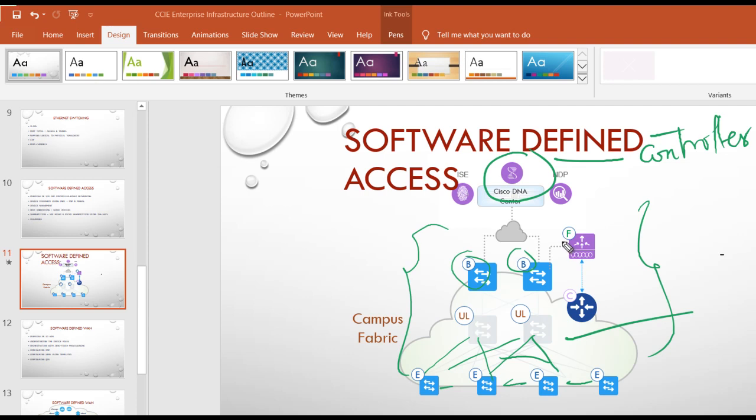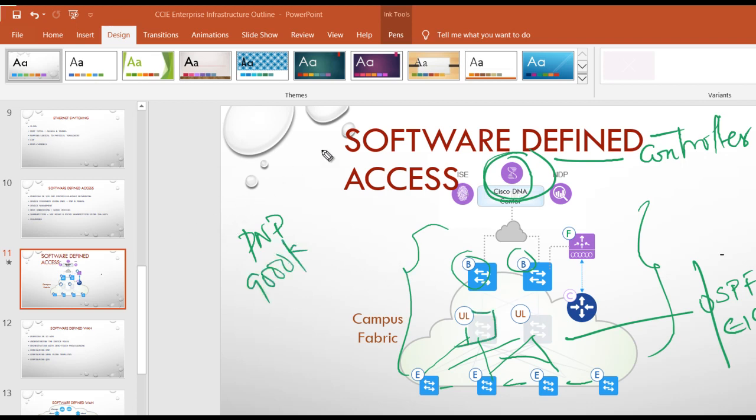You can configure any one of your choice. You can configure OSPF, ISIS, or EIGRP, any one of your choice. But if you let the DNAC come and discover all these devices, all the fabric, if you let the DNAC do the PnP, which means plug and play, basically these are 9K series switches that allow for controller-based management and configuration.